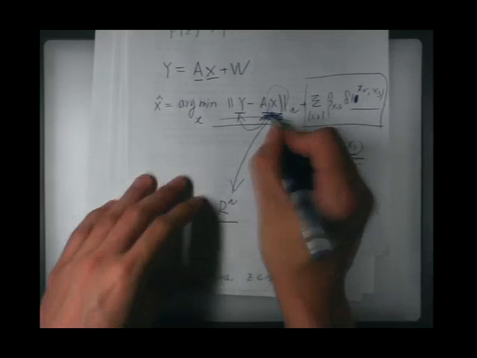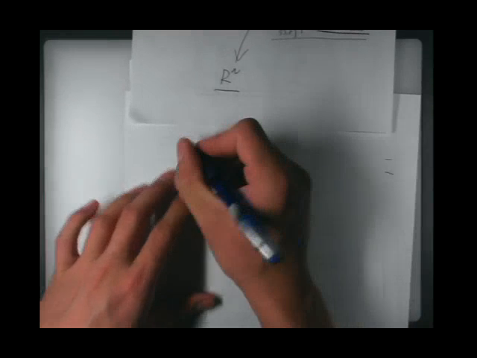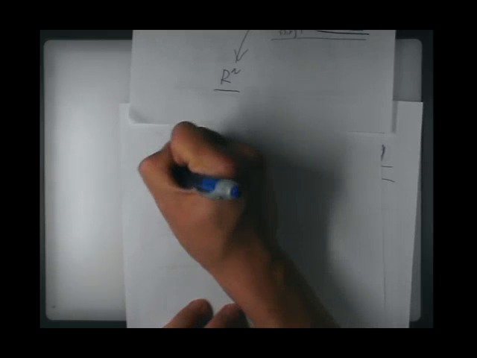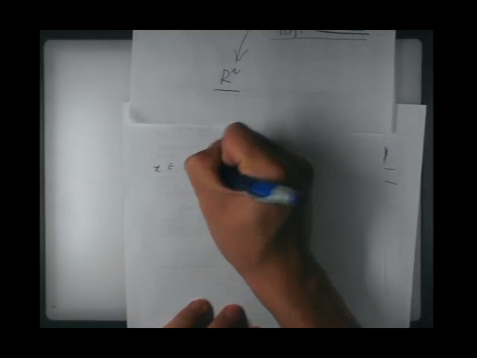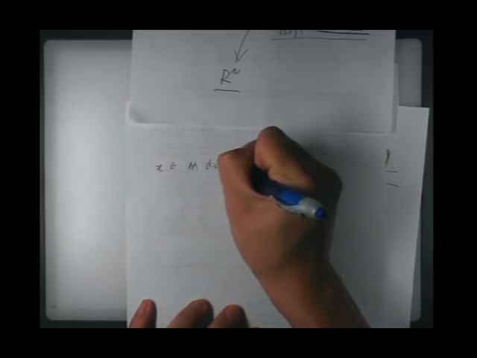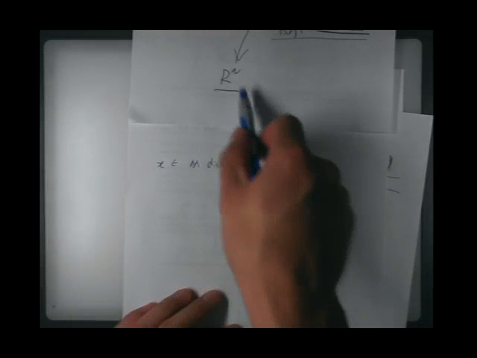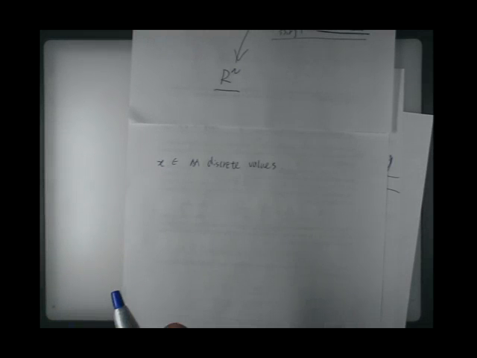But if we constrain this x to be discrete, let's say x belongs to n discrete values, we get a much smaller feasible set for the unknown.